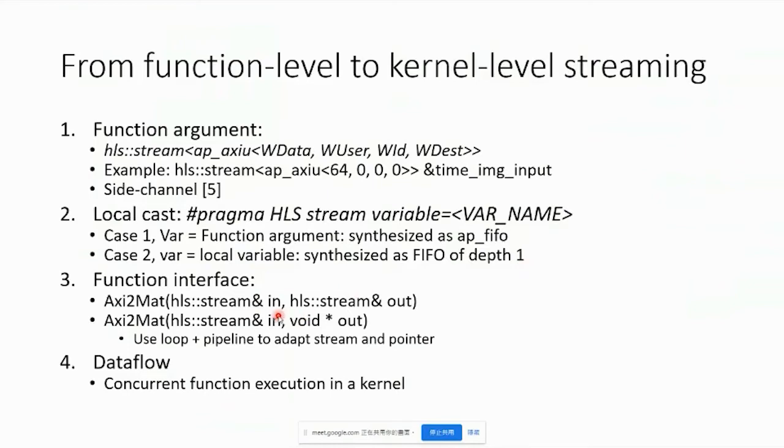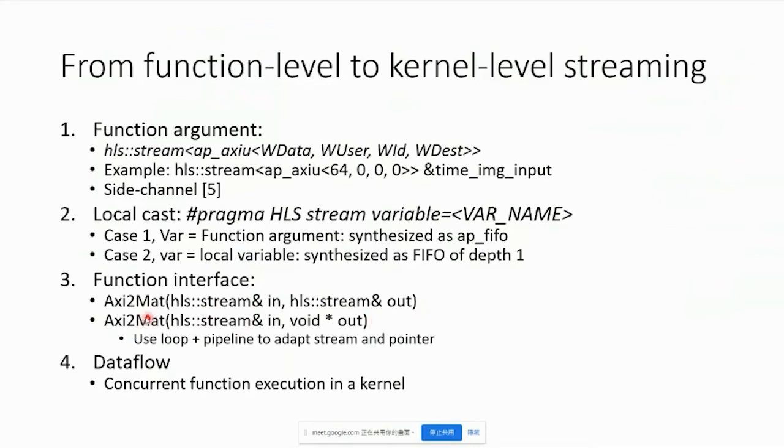Okay, next. The third is function interface. Function interface means, within a kernel, we call several functions, right? If we run dataflow, then ideally we can run several functions concurrently, but we need to take care of their input. So their input needs to be streams too.